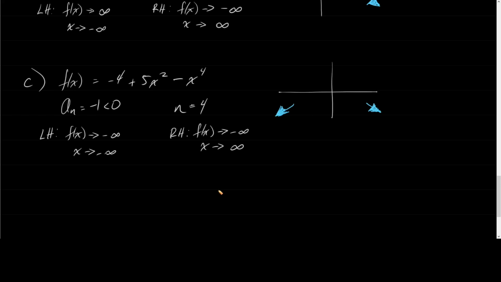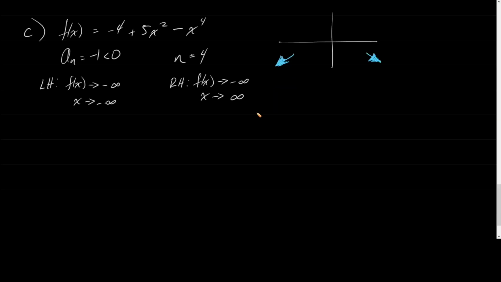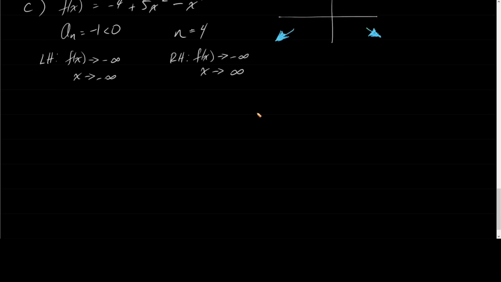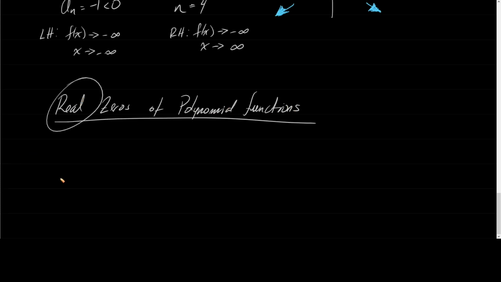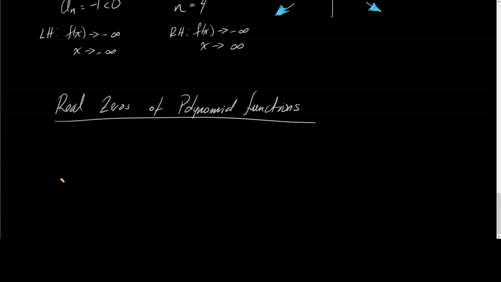Now let's talk about the real zeros of polynomial functions, right? And in general, anytime we say real in math, we're talking about the real numbers, right? So these are the zeros that are real numbers.